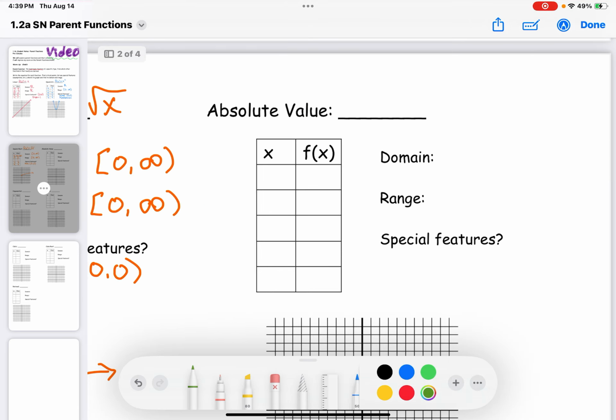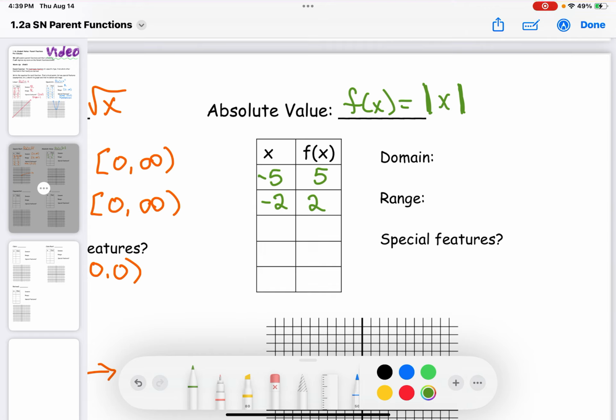Next, we have the absolute value function. It is f of x equals the absolute value of x, the vertical bars. If x is negative 5, the absolute value of negative 5 is positive 5. If x is negative 2, the absolute value is positive 2.